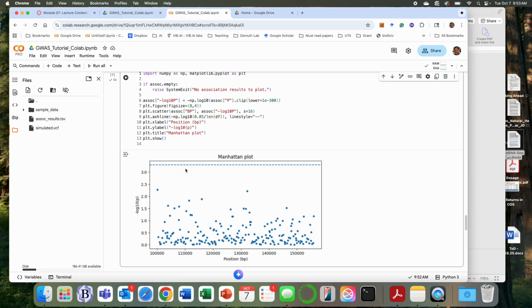Okay, the biological question is: is there an association between the genotypes and the phenotypes? I see some heads shaking. No association, right? None of those dots go above the dotted line. Now, I said we'd get back to that dotted line. What does that dotted line mean?